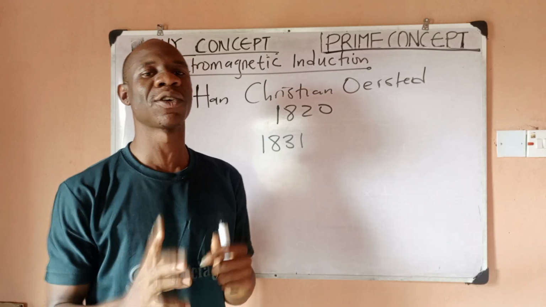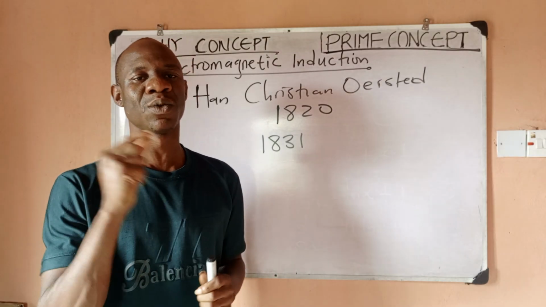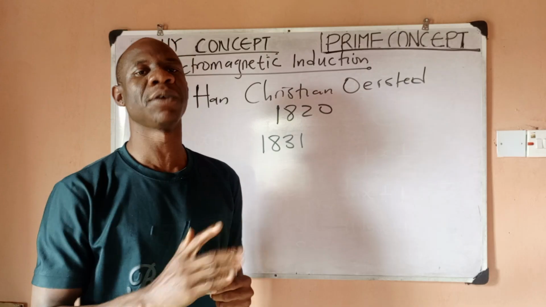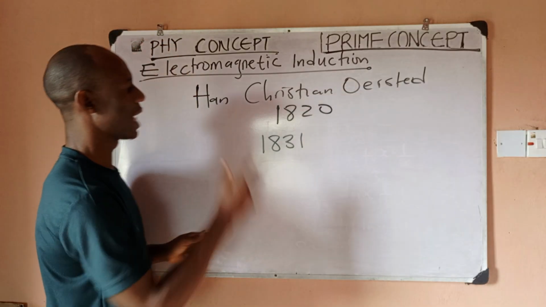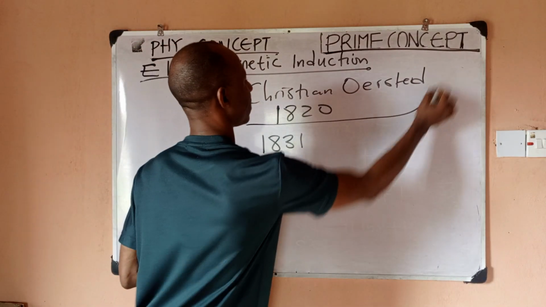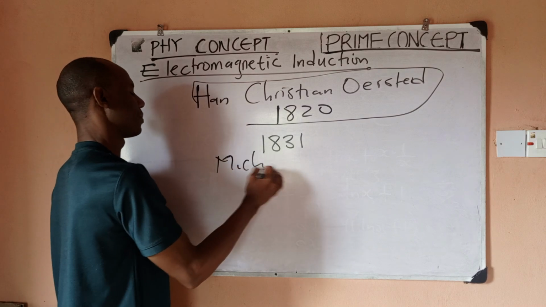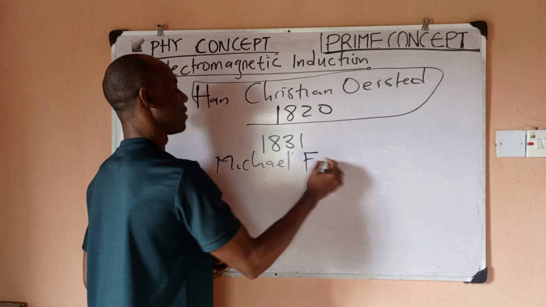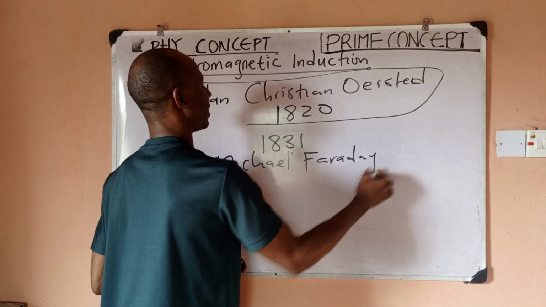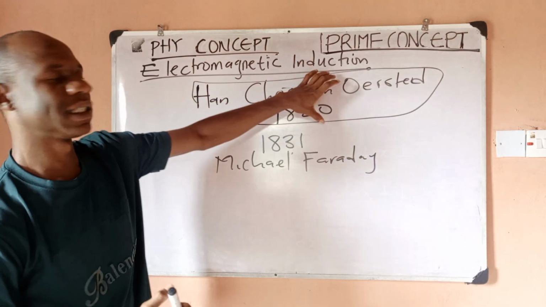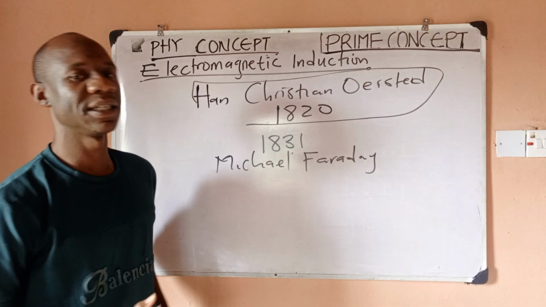There's a special condition, which is why you should stick with me in this video, so that you really learn the idea of Michael Faraday. But these two names are worthy of note, Oersted, and then Michael Faraday in 1831.